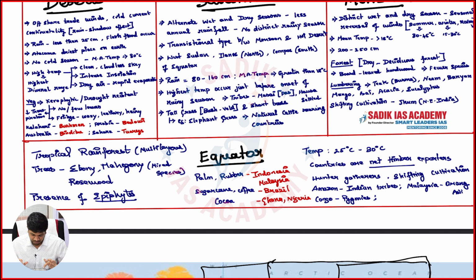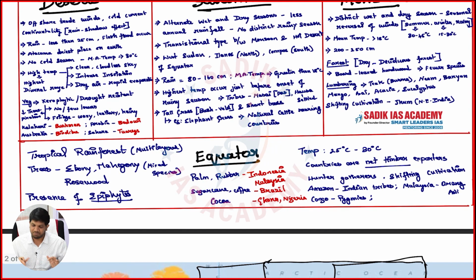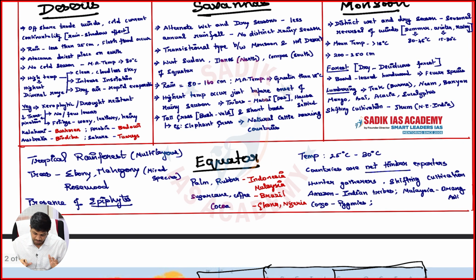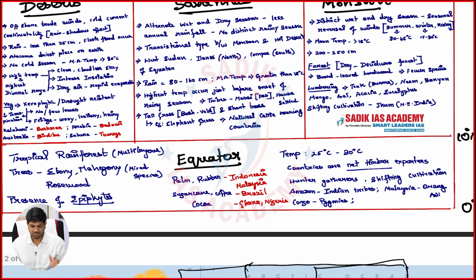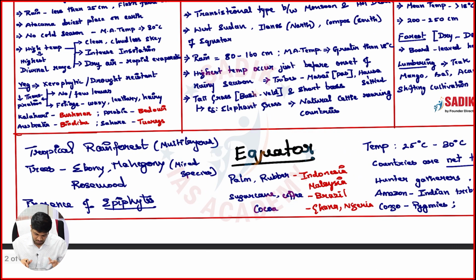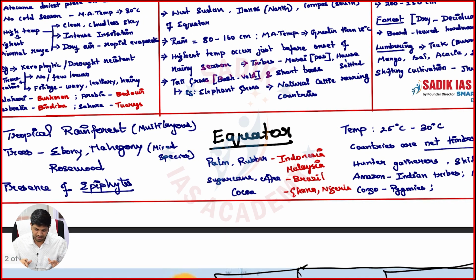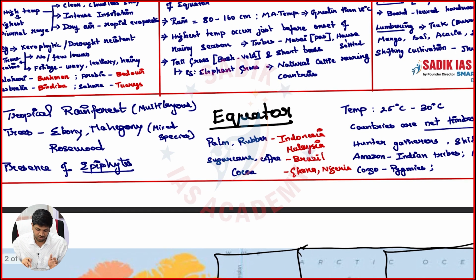I have told you how to place the checkerboard, and we have placed it. Now, we will see about the climates. First is equator. In this equator, how you can study is, here we have given in detail the tropical rainforest.